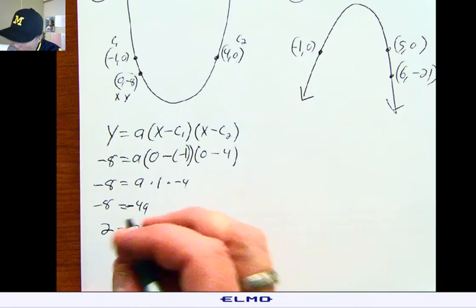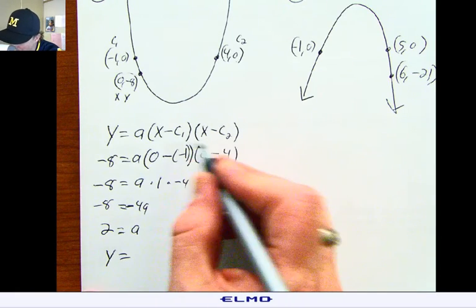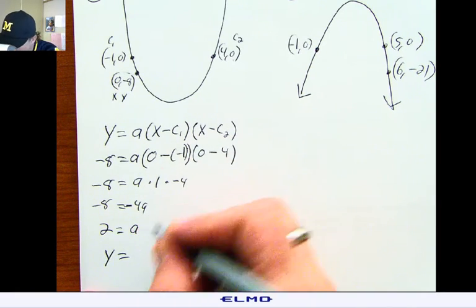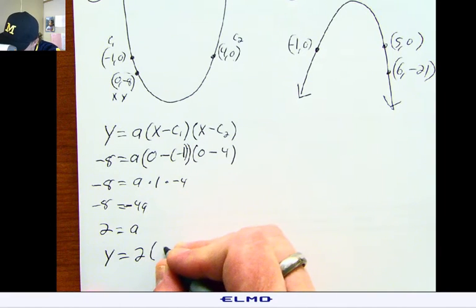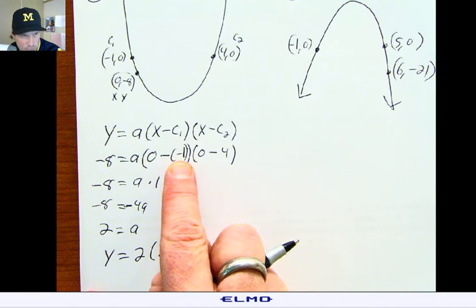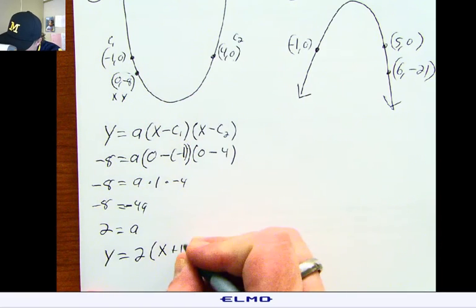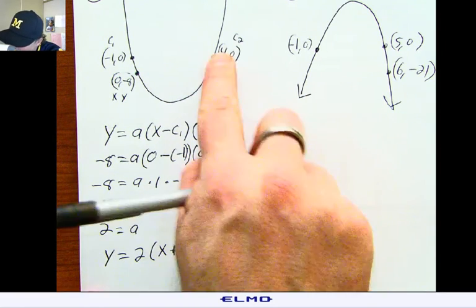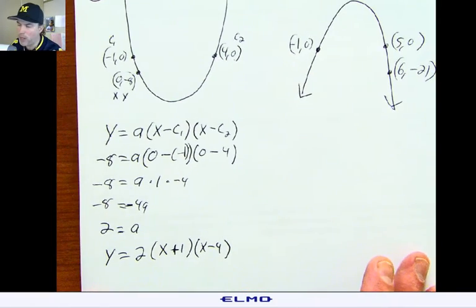Then you rewrite your equation with the c1, the c2, and the a. So I have 2 times x, the -1, which was the positive 1, because this says minus, you want to put a +1, and x minus 4. That is my factored form equation.